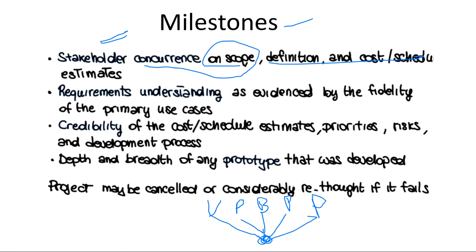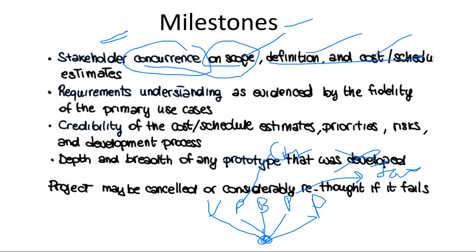It should not be like the project manager is saying just code in C++ and the developer is saying we will code in Java. Everyone should be in concurrence, or coincide, at one particular thing. Everyone should agree on one particular thing. There should be coherency regarding the scope of your project, definition, cost, schedule, whichever word you understand, write that. Regarding every aspect of your project, everyone should be in agreement. There should be no fighting between the stakeholders.